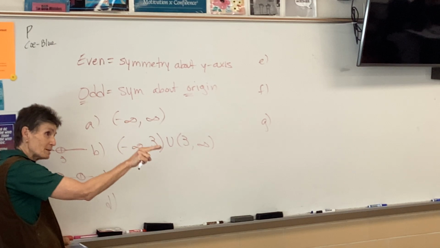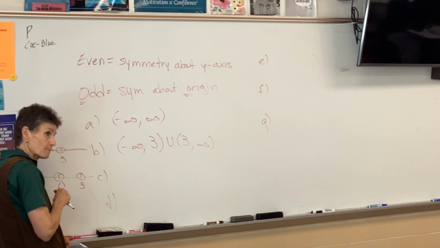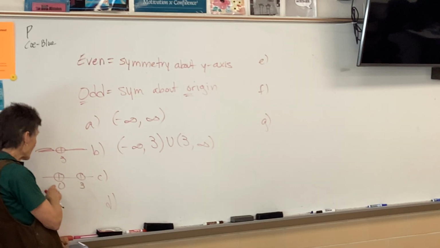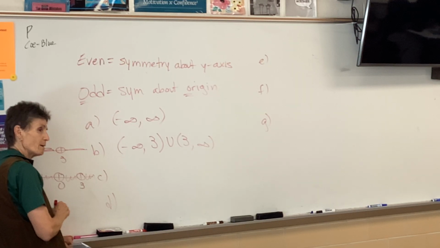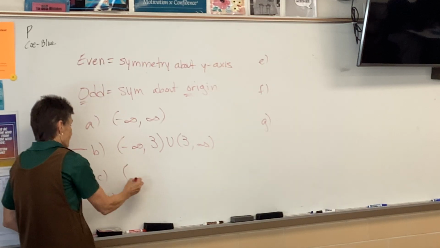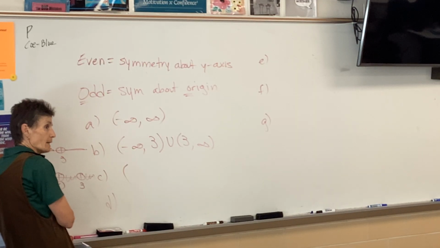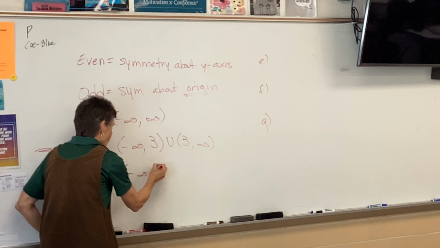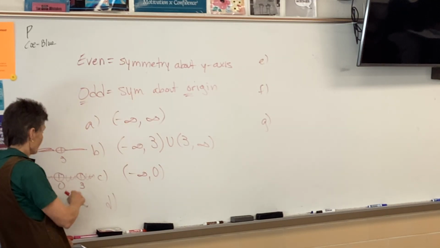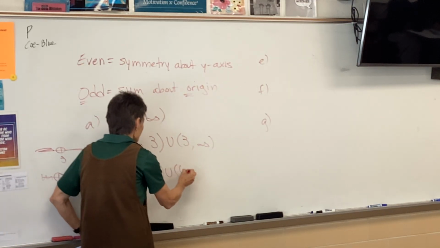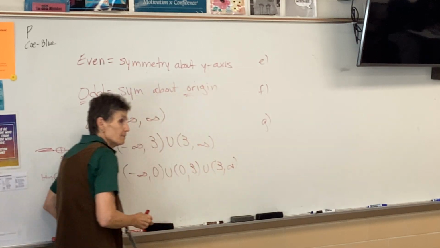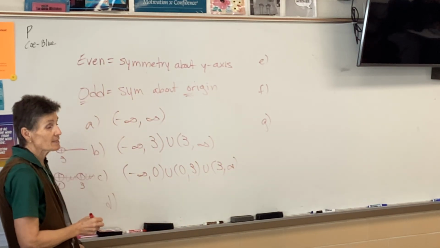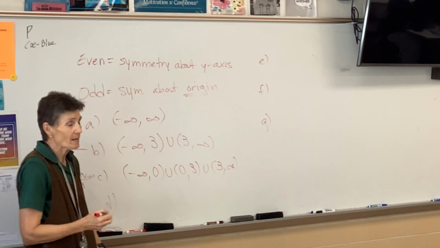Denominators can't be 0. So what would be my domain here? If X can't be 0 and X can't be 3, how would I write my domain? Negative infinity to 0, 0 to 3, and then 3 to infinity. It's awkward. That's how we have to do it.